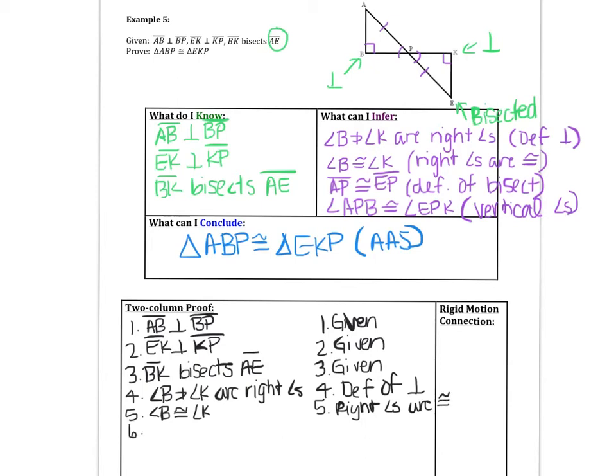Okay, and then I said that AP is congruent to EP, and I knew that because of the definition of bisect.